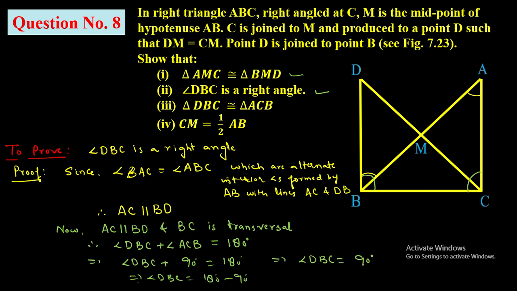Now in our third part we have to prove that triangle DBC is congruent to triangle ACB. Now let's try to prove it.